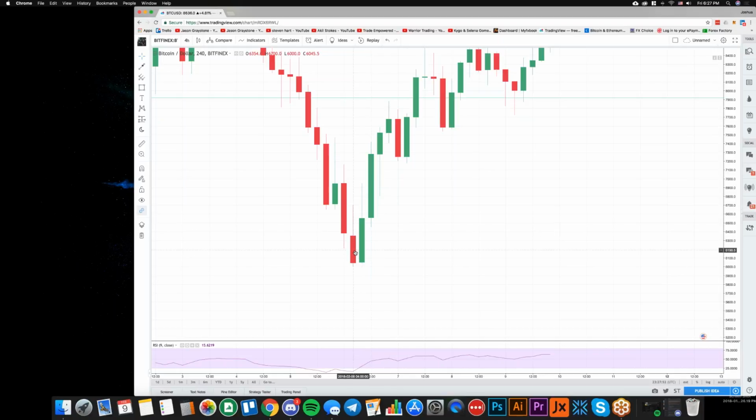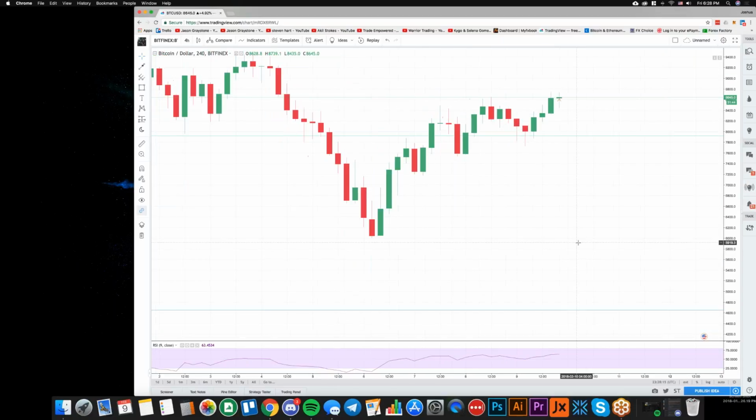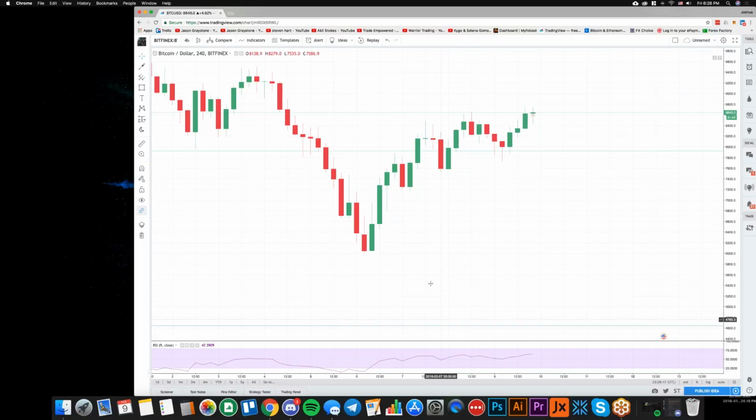So this to me represents an oversold market. And you can see that the RSI actually correlates with that. The RSI of this candle down here is around 12, and anything under 25, by my opinion, the way that I trade, is considered oversold.